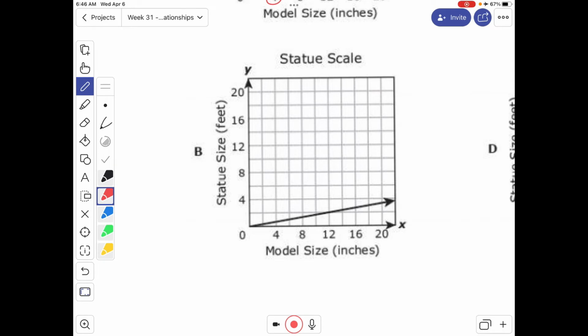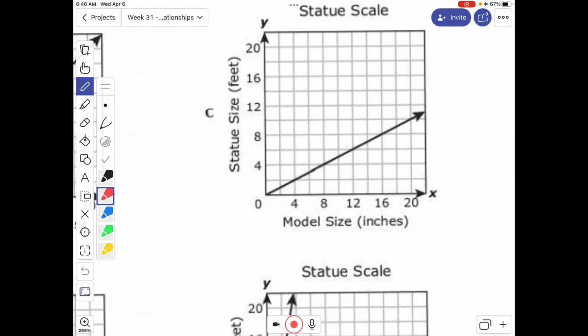B, I'm looking for an even one. There's 12. If we go to 12, that would be 2. That's not in our T-chart either. There's C. If I go over 4 and up to 2, that was in the T-chart. Let's check 8.